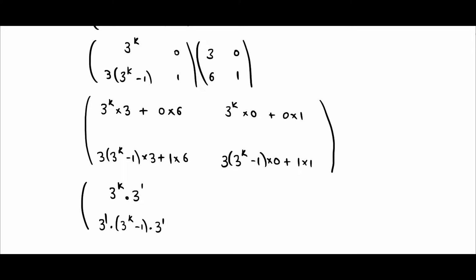Be a bit careful here actually. We have 3 times by minus 3, which is minus 9, and then adding 6, we get minus 3. So we can rewrite this entire thing as 3 to the power of 1 multiplied by 3 to the power of 1 lots of 3 to the power of k minus 1.